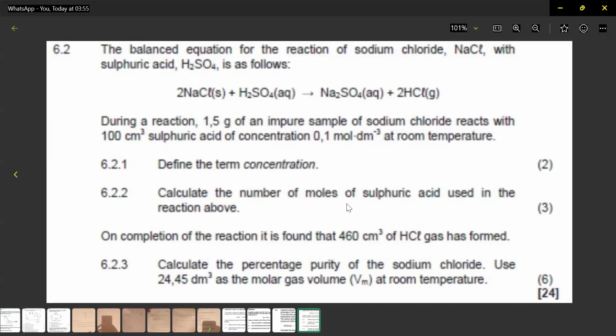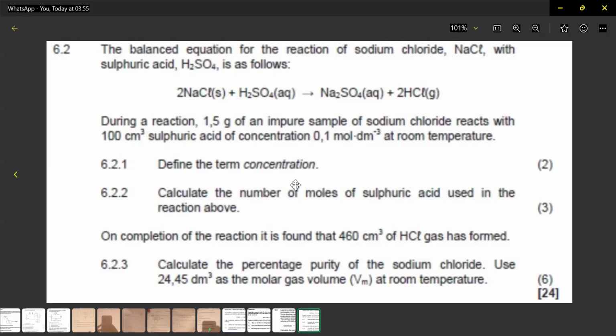So now here we need to decide, right? Because in order for us to find the mass of sodium chloride, we need to know the number of moles of sodium chloride, okay? But the question is, are we going to use the number of moles of sulfuric acid, or are we supposed to use the number of moles of this formed hydrochloric acid gas? Well, we actually need to prioritize this hydrochloric acid gas which has been formed.